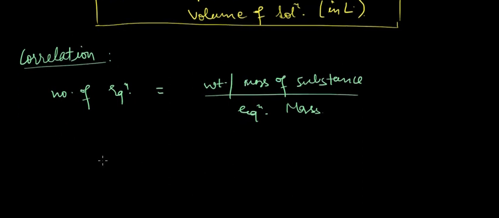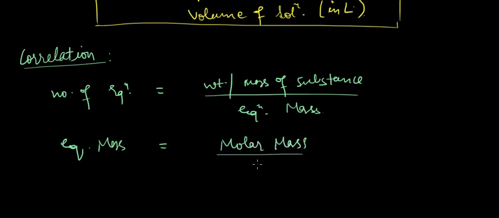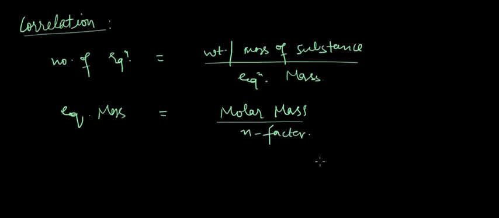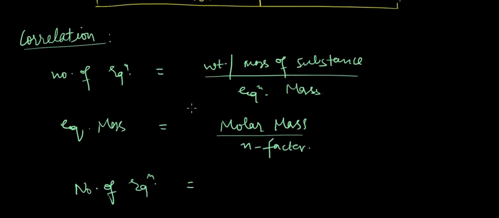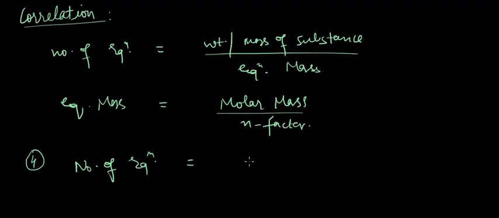Okay, and we have the equivalent mass defined as the molar mass or molecular mass of the substance divided by n factor. So this was the third equation which we discussed here, and this is the fourth one, that the number of equivalents is equal to the number of moles into n factor.